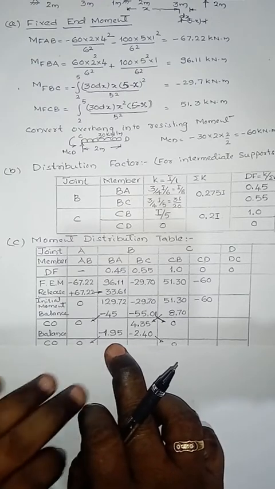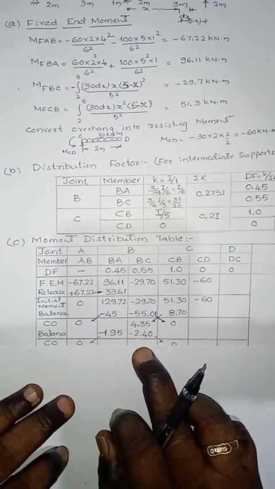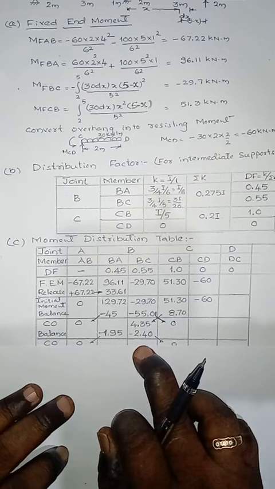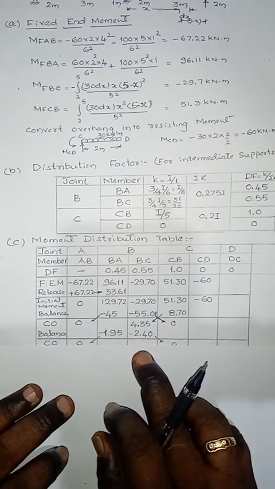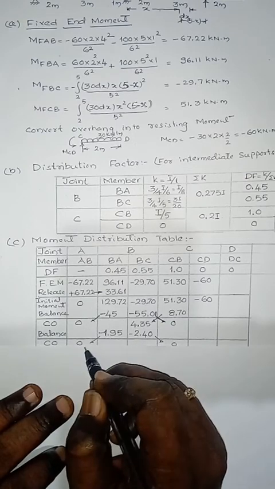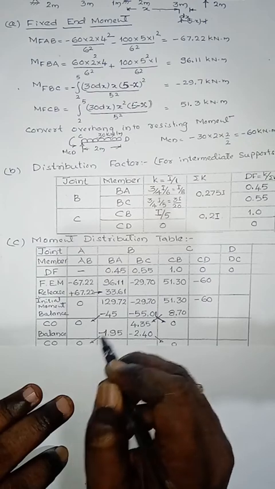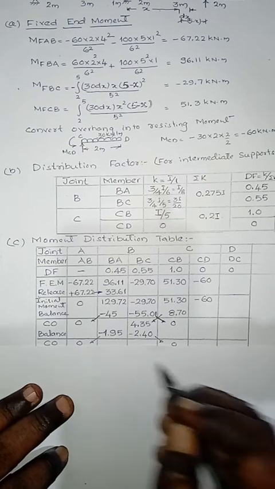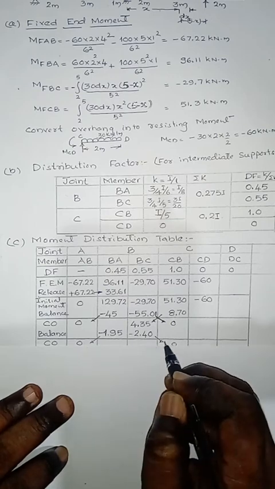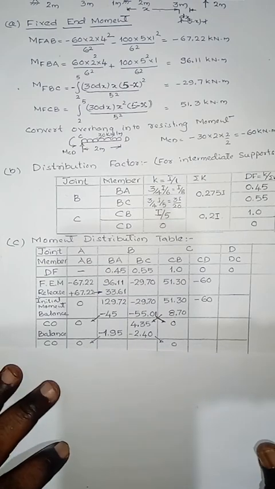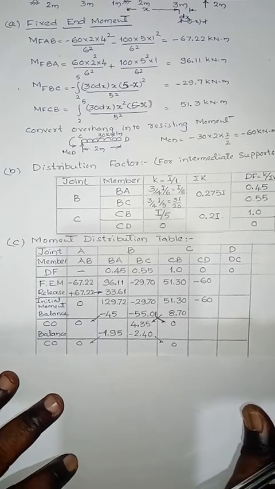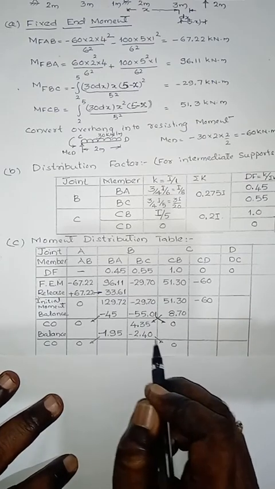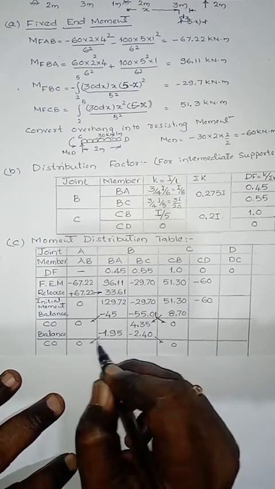Here we get minus 1.95 and minus 2.40. Again, from B to A there is no carryover since that is an end support, and from B to C there is no carryover since that is another end support.